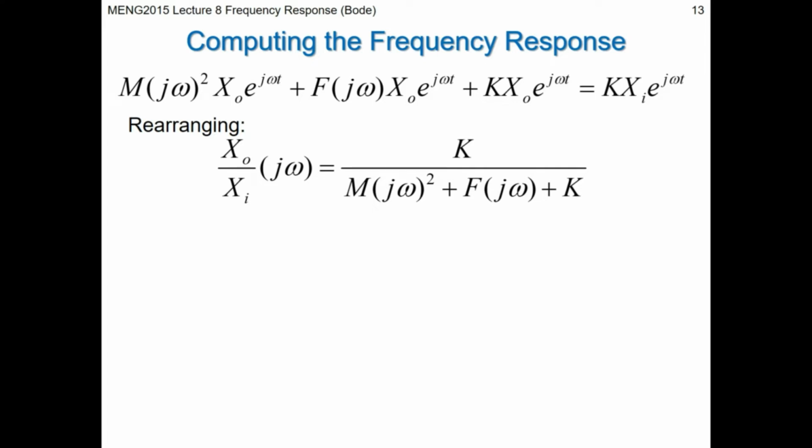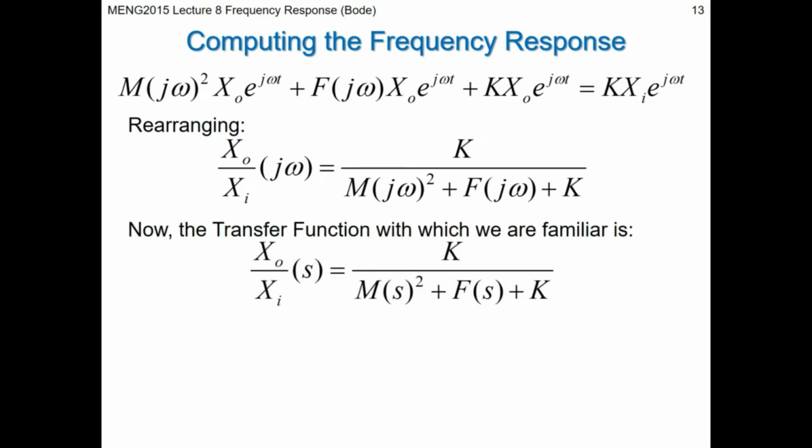And we end up with a transfer function that looks really similar to the one we got when we did the other approach, taking Laplace transforms. In fact, this is the function we got when we did Laplace transforms.